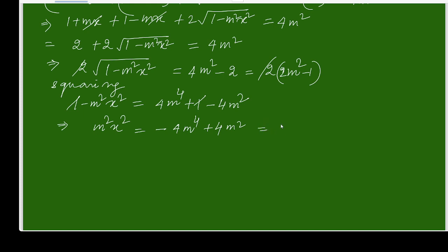Here I'll take 4m square common, then I'll get 1 minus m square. So m square is cancelled. Getting x square is equal to 4 times 1 minus m square.